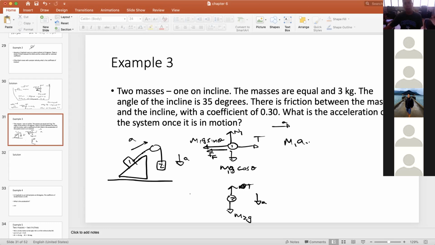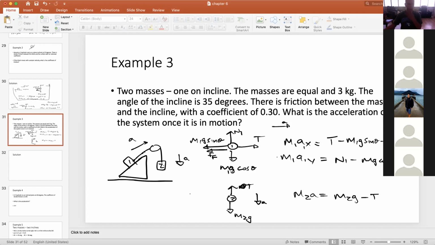I get m1a1x, m1a1y. This is T minus m1g sine minus force of friction. So it's the same thing as if we were doing it without friction. We just add a friction force opposite the direction of the acceleration. N1 minus m1g cos theta is 0. This one is m2a is m2g minus T.